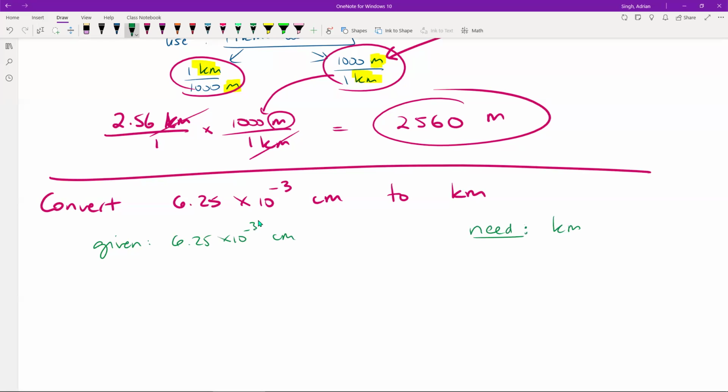So keep in mind now, what I'm doing here is I'm going from a small unit, centimeters, to a much larger unit, kilometers. So just before I do any calculation, I can predict the relative size of my answer. If I'm going from a small unit to a big unit, my answer here should be really, really, really small.